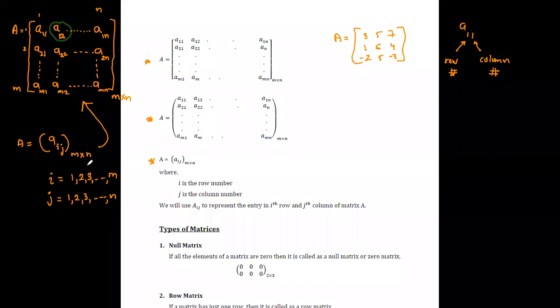Likewise, if you have i equals m and j equals n, you will get the element in row number m and column number n. Therefore, in that method, we can easily identify the position of the element.